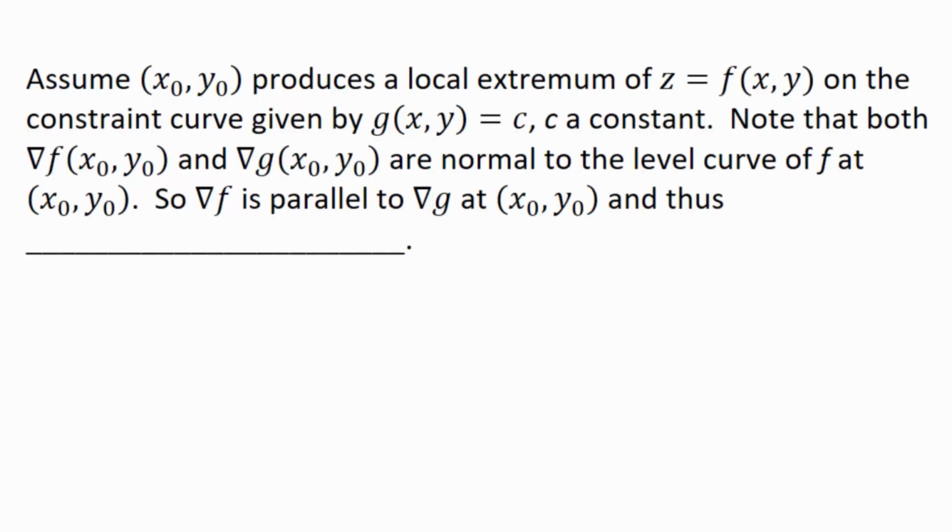That's what we just developed above. So del f is parallel to del g at x naught, y naught, and thus del f is equal to lambda del g for some scalar lambda. That scalar is going to be called a Lagrange multiplier.